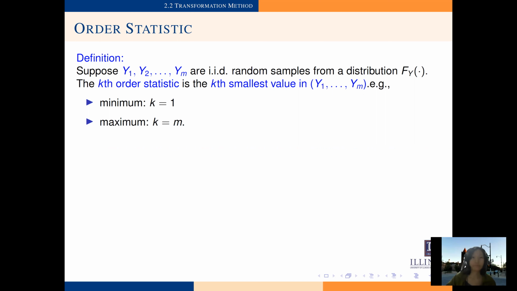The minimum of all of these samples is an order statistic, and that's the case where k is equal to 1. So that's the smallest value out of all of these samples. And then the maximum is another order statistic. That's the case where k is equal to m, the largest value among all of these samples.